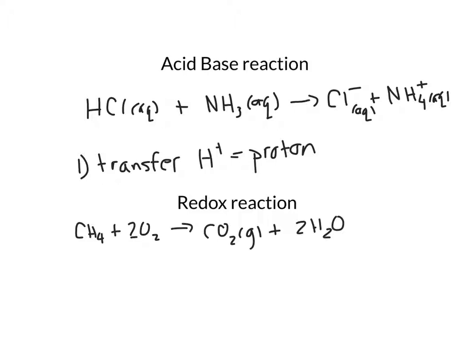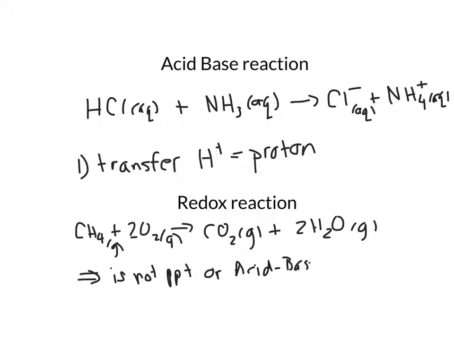And these are actually all gases, so if we are explicit and include the state of matter, those are all gases. We'll learn a little bit later how to verify that this is a redox reaction, but for the moment, if your reaction is not precipitation or acid-base, then you're going to assume that it is a redox reaction.